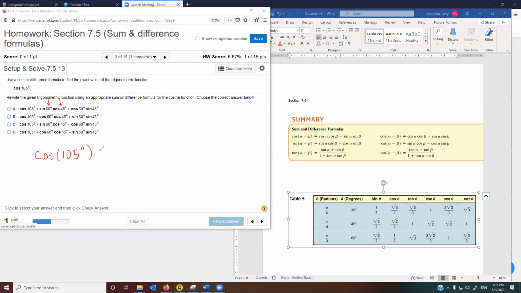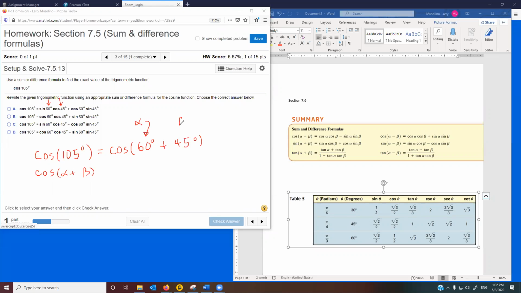So I want to be able to break this up to be cosine of 60 plus 45 degrees. But I'm noticing that really seems to match up to a cosine alpha plus beta kind of format. In my example, alpha is going to be 60 degrees and beta is going to be 45 degrees.